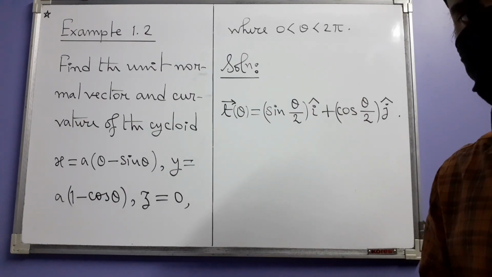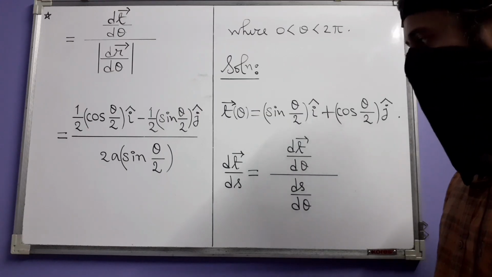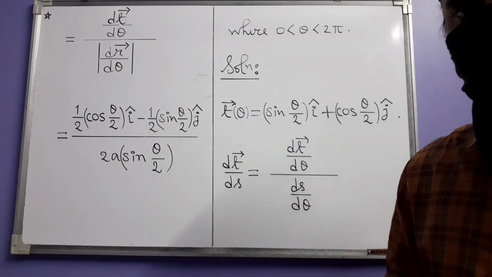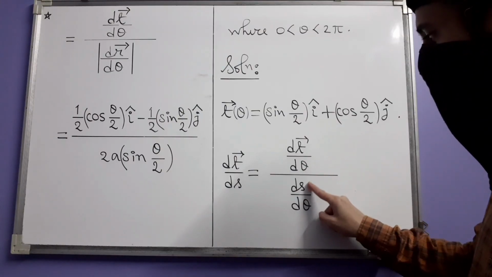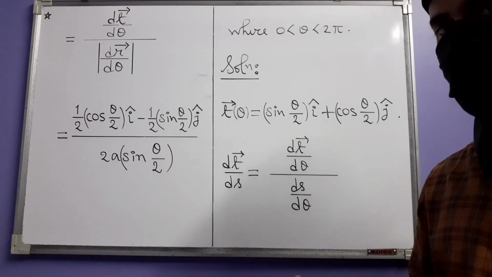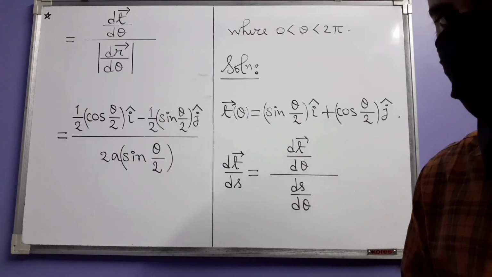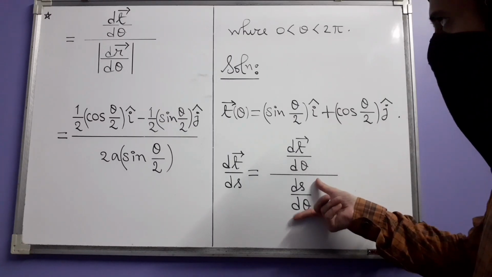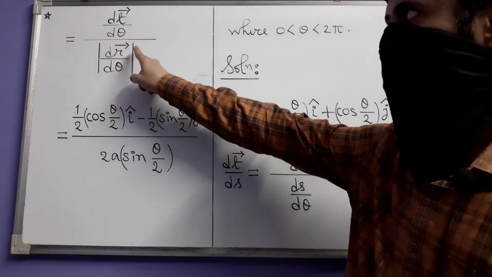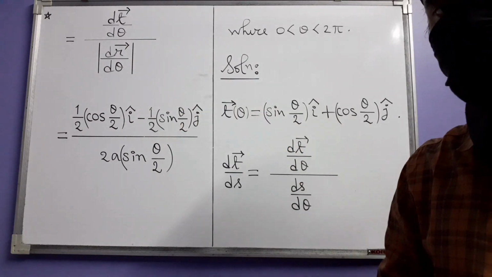So we then straight away go for dT/ds. By the chain rule, that equals dT/d theta divided by ds/d theta. Chain rule is available for vector functions as well. And then this equals the magnitude of dr/d theta.